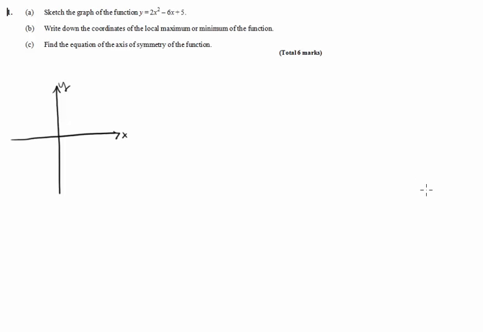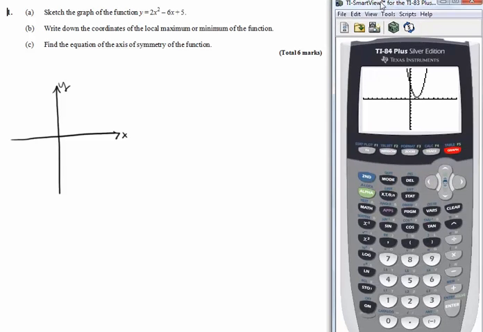So here is question number 1, and it just simply asks you to sketch the graph of this function, write down the coordinates of the local maximum or minimum, and the equation of the axis of symmetry. I've already drawn my axes, and to be honest, first thing I do is get my calculator and plug in the equation and graph it so that you can see what it should look like.